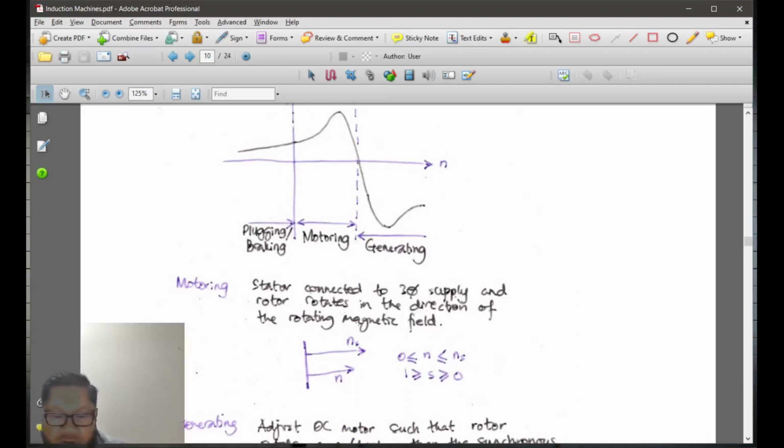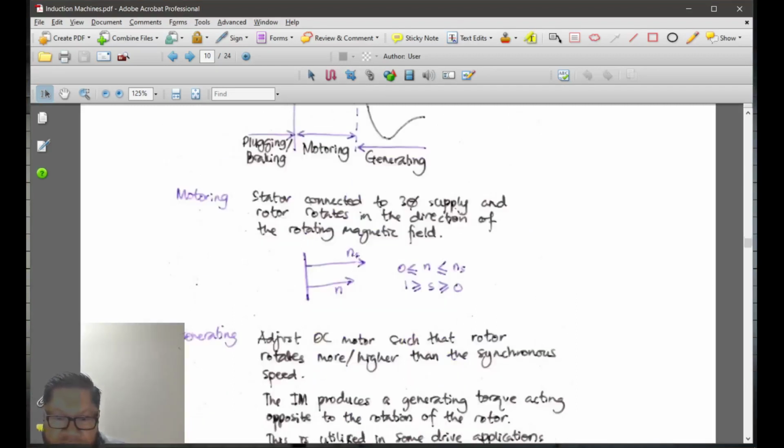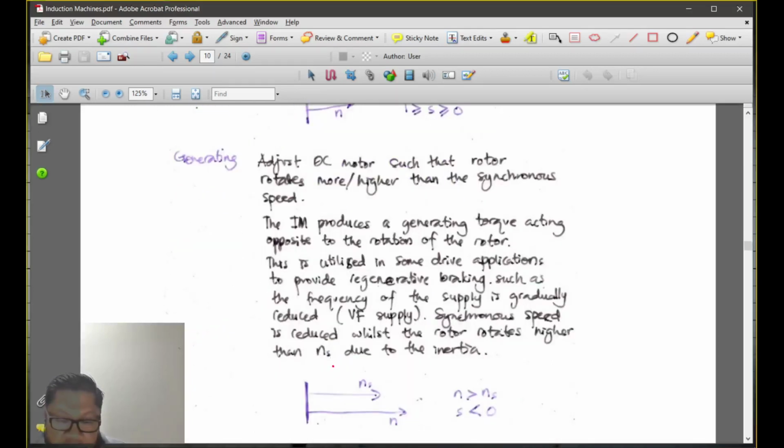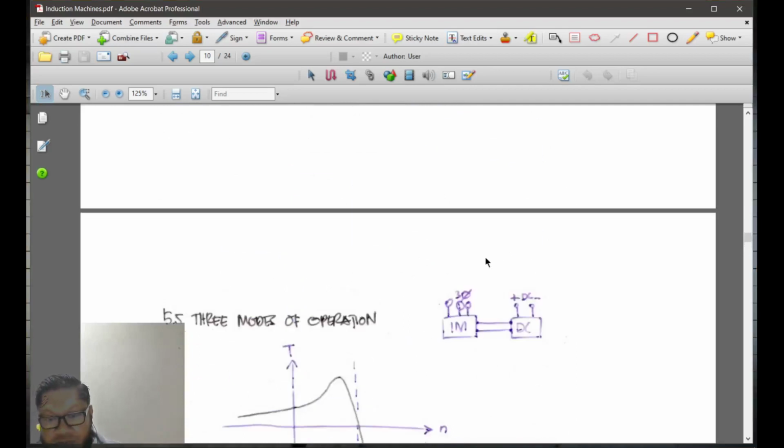So in motoring, ns is always greater than n. And in generating mode, the speed of the rotor is higher than the synchronous speed. So how to do that? It is achieved by rotating the rotor using that DC motor.